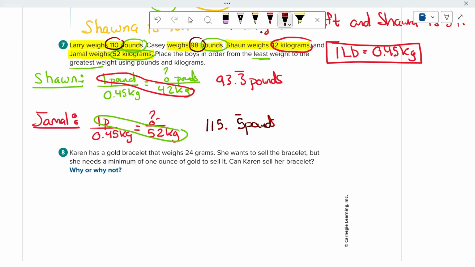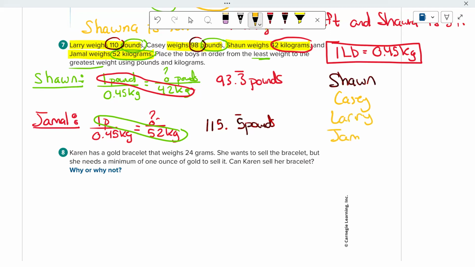So it looks like not the shortest, but the least weight would be Sean. The next one, who's after 93, would be Casey. And then it would be Larry.